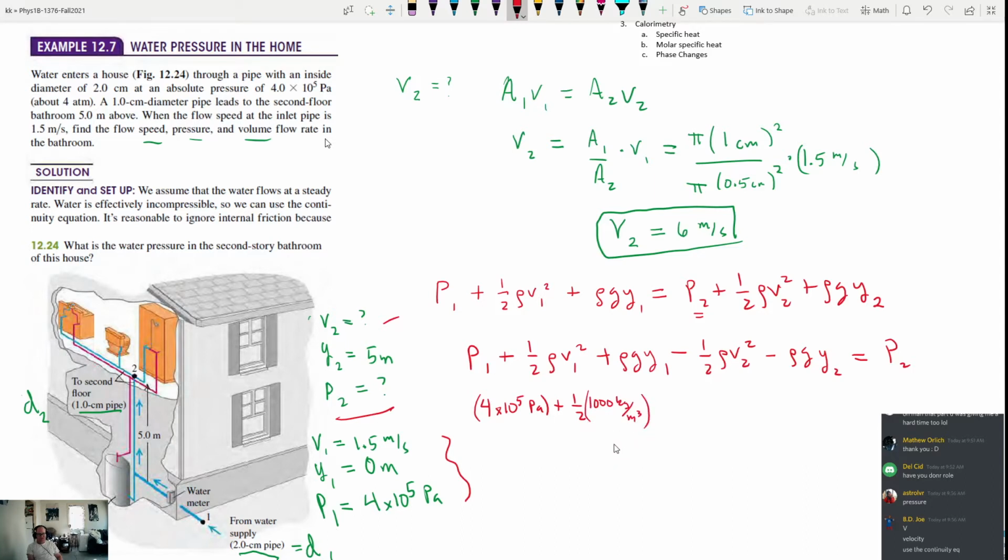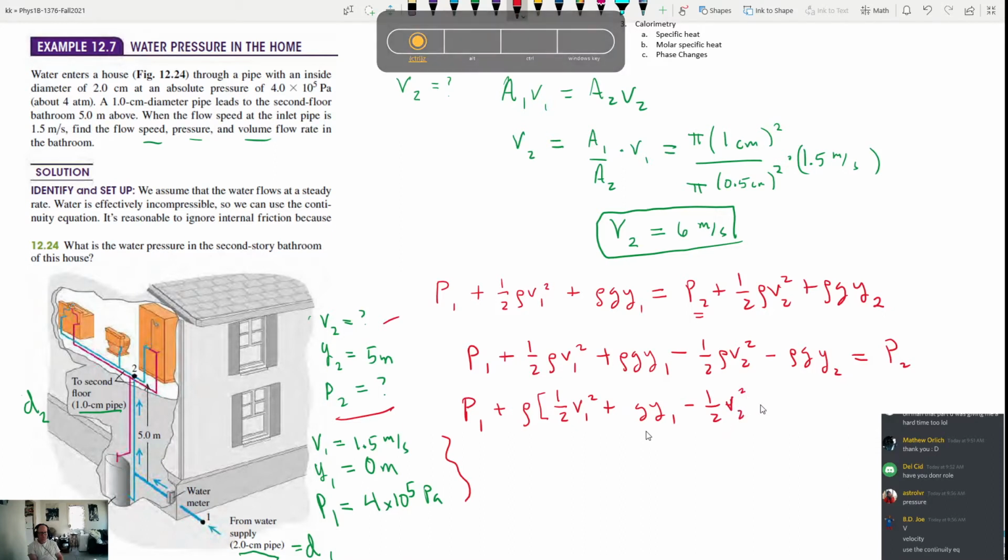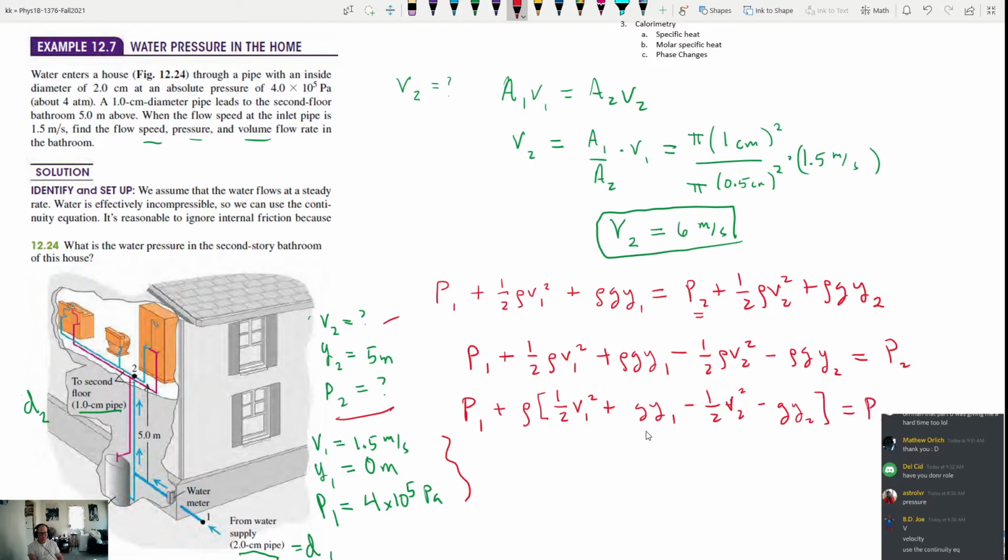I guess what we could do, just because there's no way I can write out and fit all that in, is we could do one more step of algebra here and factor out the rho from every one of these terms. Of course, if I factor it out, I don't have to rewrite it. 1/2 V2 squared minus g times Y2 equals P2.